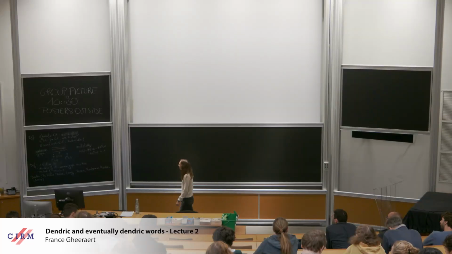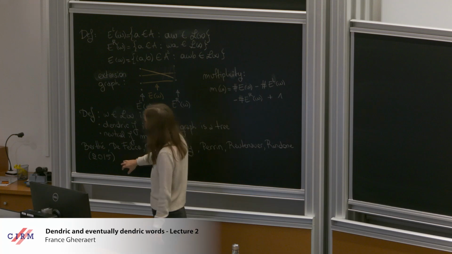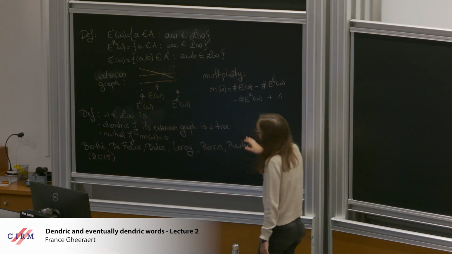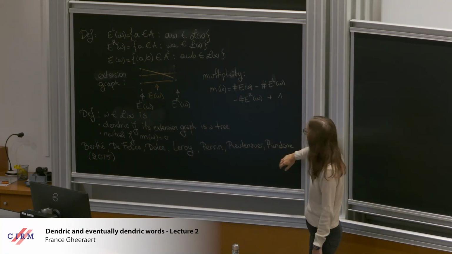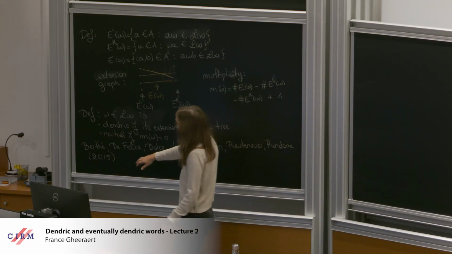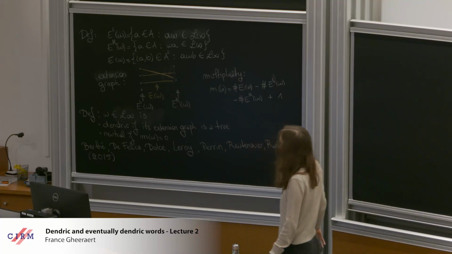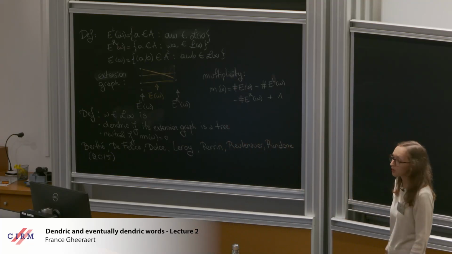Now, if you do a little research on dendricity, it was first defined and studied in a series of papers by these authors. I think most of the papers were published in 2015. But at first it wasn't called dendricity.